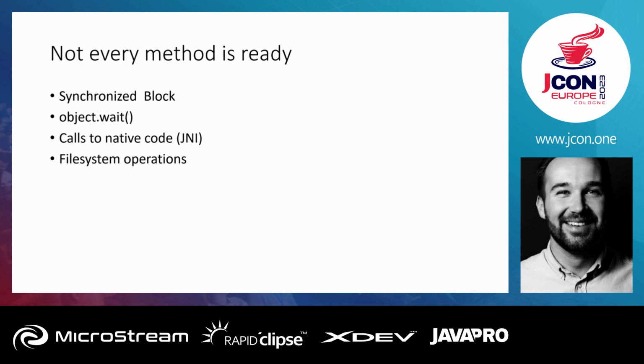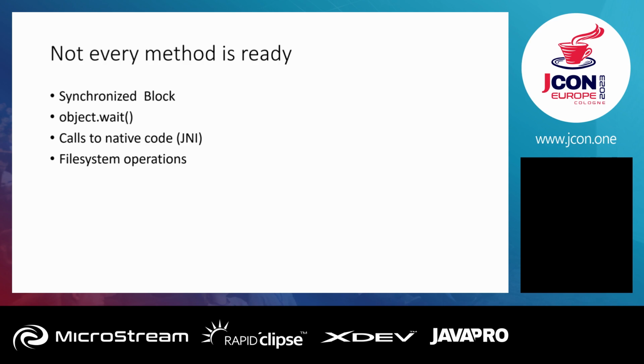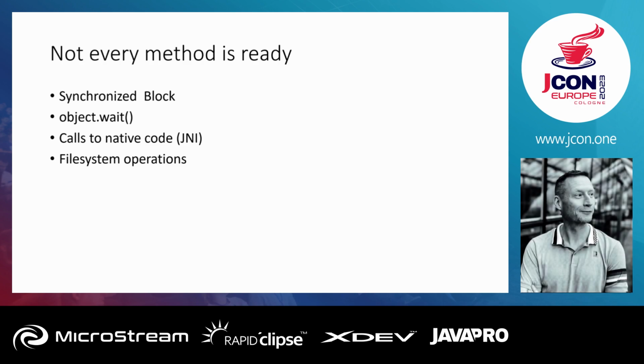And as I've said, when you have blocking, it will switch, but it won't happen every time. For example, not every method is ready yet for blocking and switching to new virtual threads. If you have a synchronized block, an Object.wait, you make a call to native code using JNI, and even certain file system operations cause your virtual threads to be pinned.